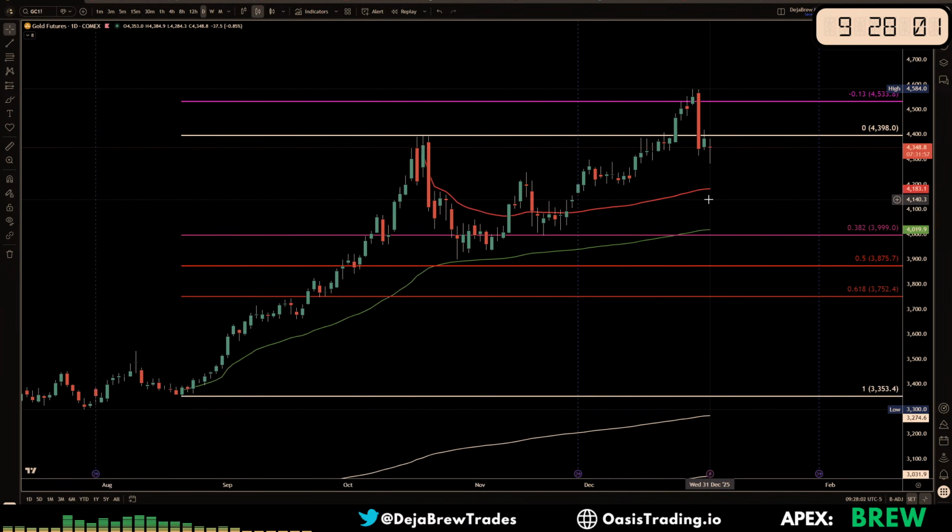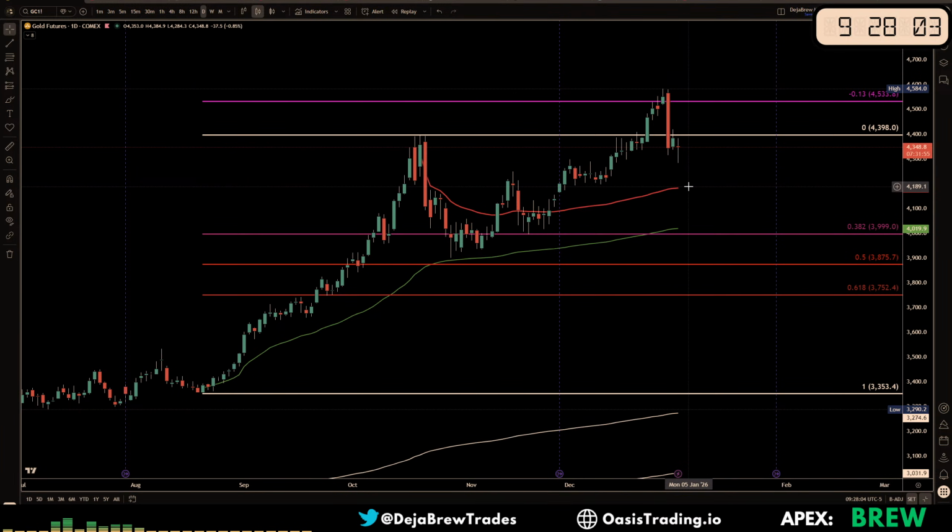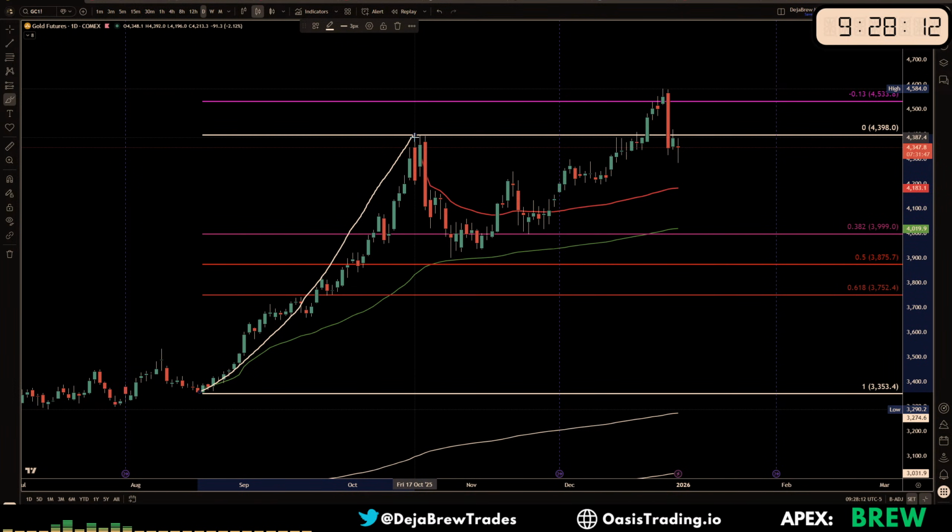We have a few minutes left. Let's take a look at how the metals are doing here. So we had this really big fib from this impulse back from August all the way up to October, which gave us a very easy level to pull a fib from.